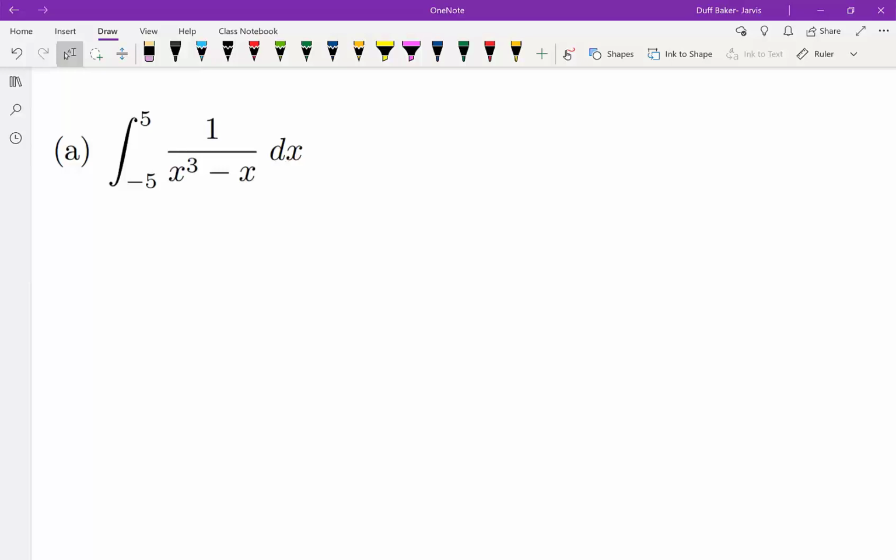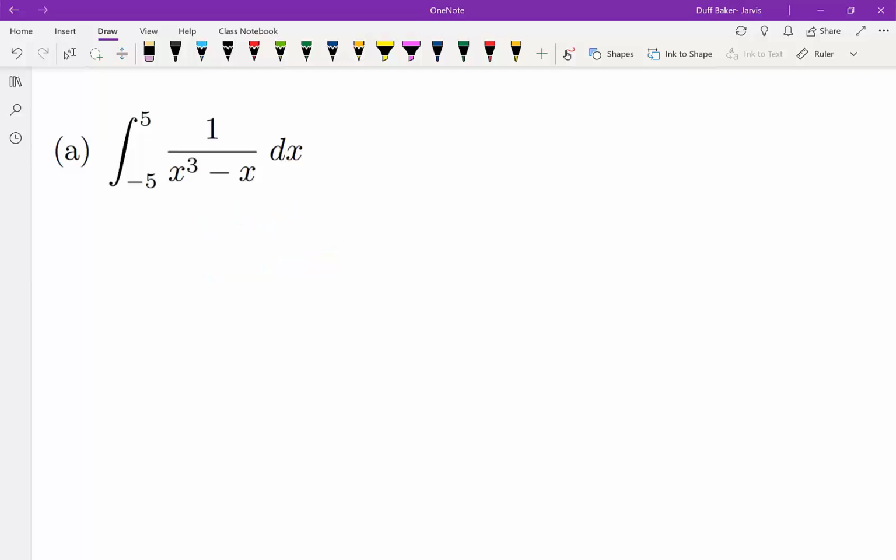Because you'd want u involving x cubed, probably even just this, and then your du would have a 3x squared. But 3x squared doesn't show up times dx, and there's no way to get it in there without introducing extra stuff you can't get rid of. So there's really no way to do this using u substitution either.